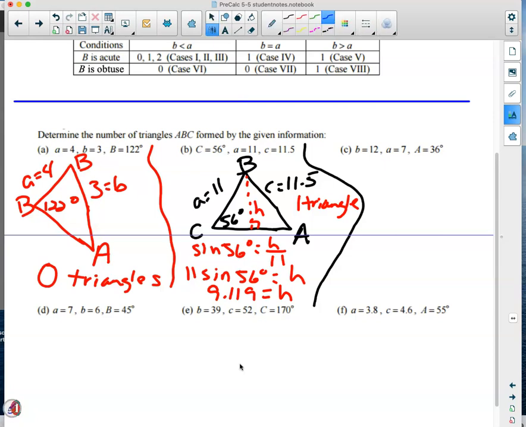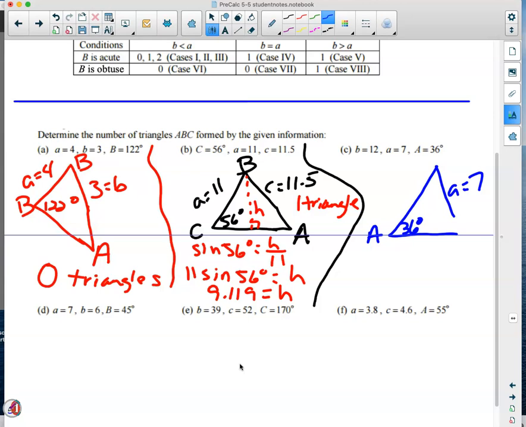Alrighty, let's go to C. So with C, we have A as 36 degrees. Again, always setting that up as our lower left-hand vertex. That's 36. Go to the side opposite. A is 7.